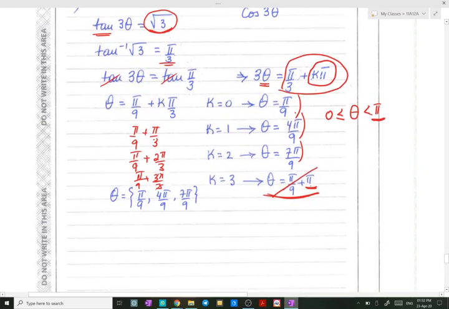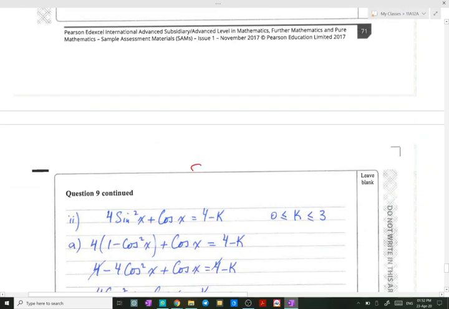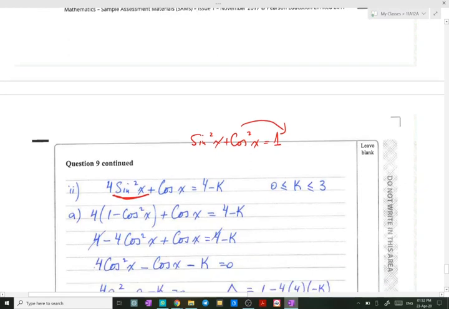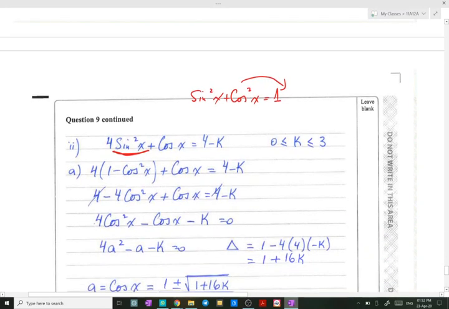We know the fundamental relation which says that sine squared x plus cosine squared x equals 1. Therefore, we change sine squared x into 1 minus cosine squared x, and then we expand the 4 inside, and we have a quadratic equation.